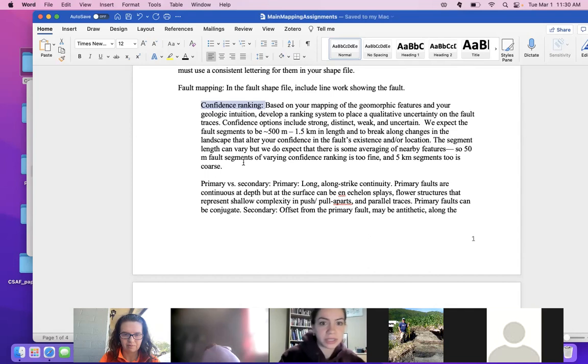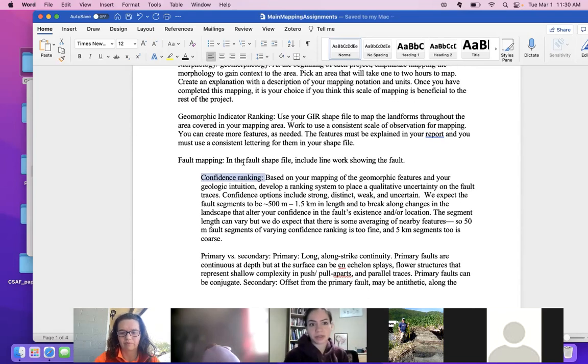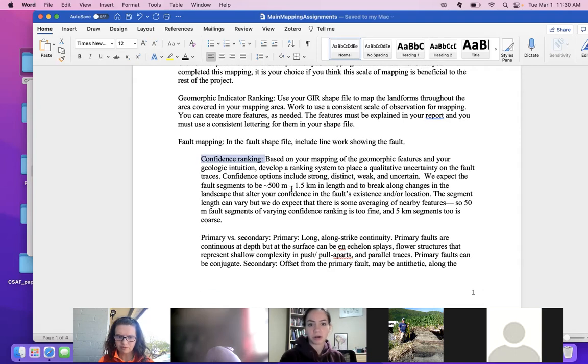As a quick note on the confidence ranking and prior mapping, the areas you're going to have are on average a lot smaller than the areas we've been giving you in previous assignments. So don't get overwhelmed thinking you have to do hours and hours of mapping, because it's going to be a lot smaller. You'll have more of an opportunity to make a high quality map with even coverage throughout the area.